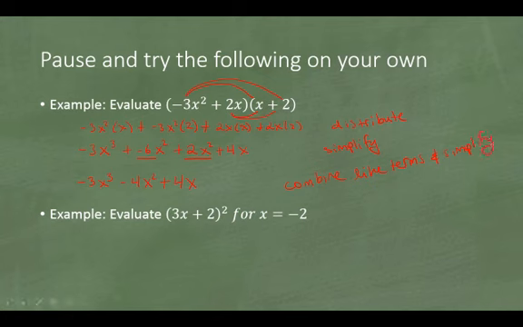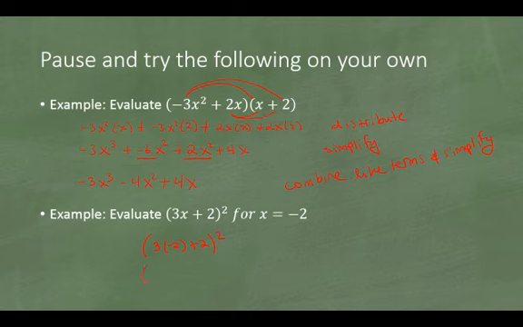We can also evaluate any type of expression if we know what x is equal to. So here when we say 3x plus 2 squared, since x is equal to negative 2, we could just say 3, not x, but we could say 3 times negative 2 plus 2 squared.